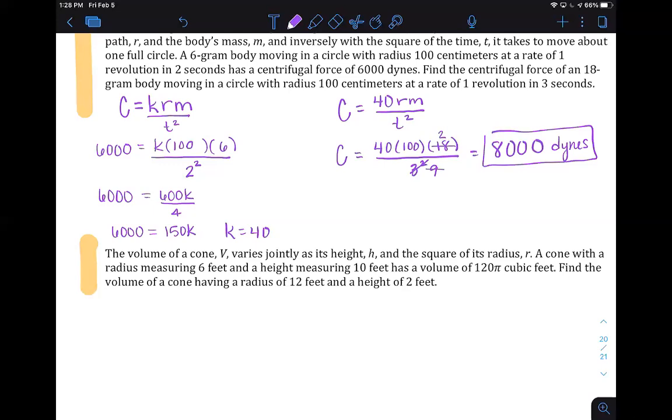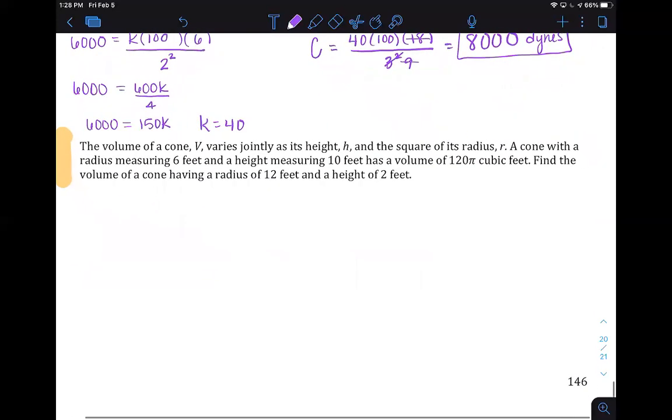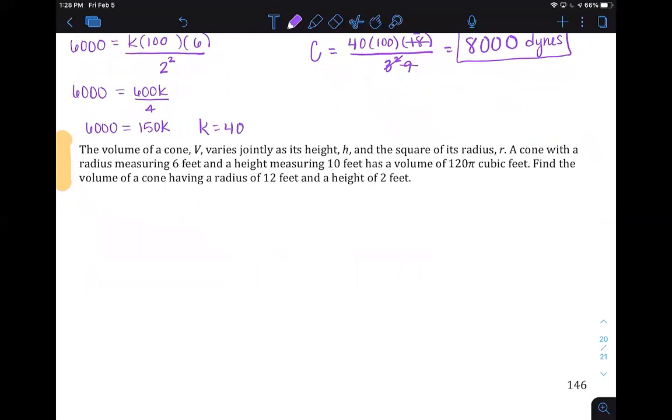All right. I believe this is our last one. The volume of a cone V varies jointly as the height h and the square of its radius r. So volume equals k times h times r squared.